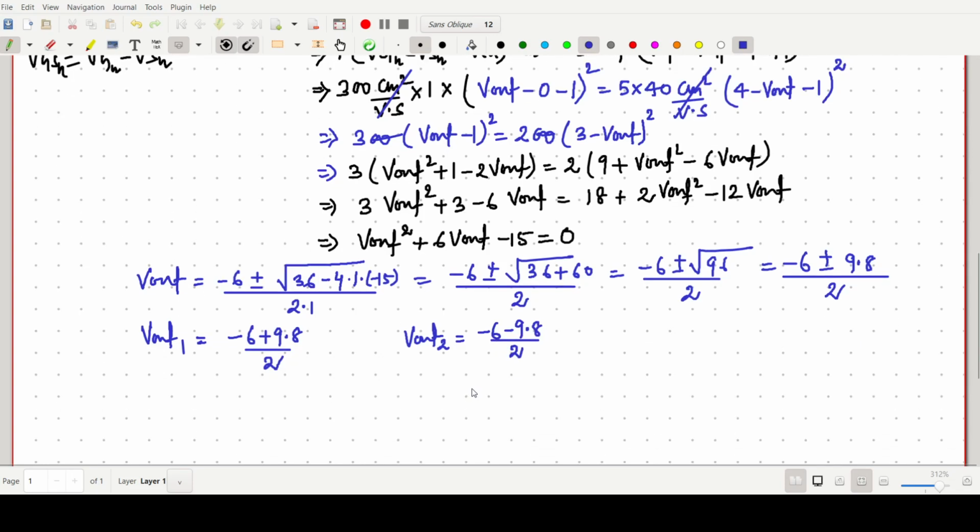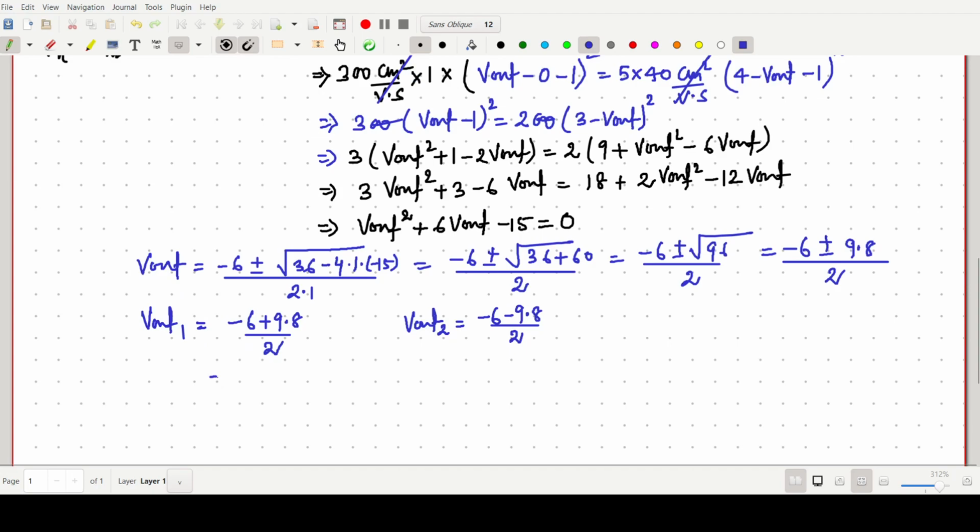So now there are two values, so minus 6 plus 9.8, so it is 3.8 by 2. So I am writing 3.8 by 2 is 1.9 volt. Okay, the unit we have to write. Then it should be 6 and 9.8, minus 15.8 by 2. So it will be minus 7.9 volt.